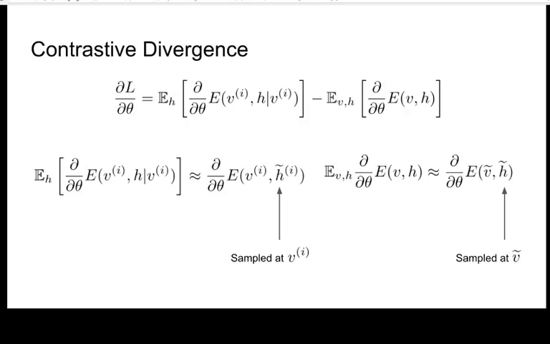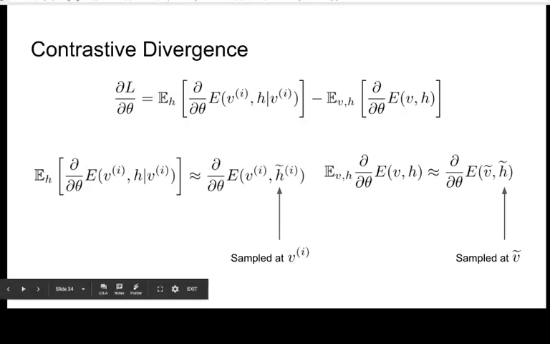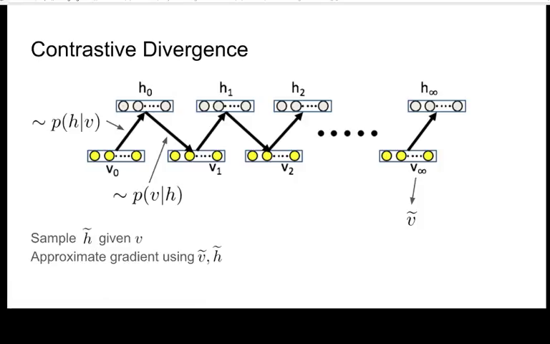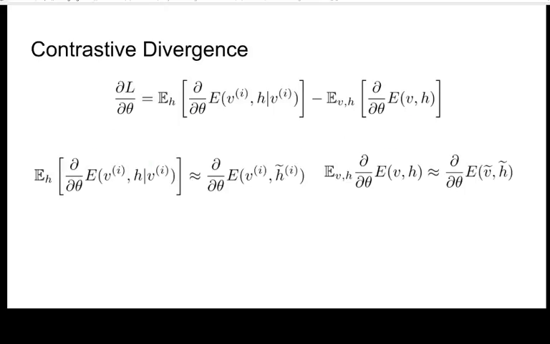This collapses down to this, and it's the same. This we sample using the training data itself, which is this one, and this is sampled at v tilde.